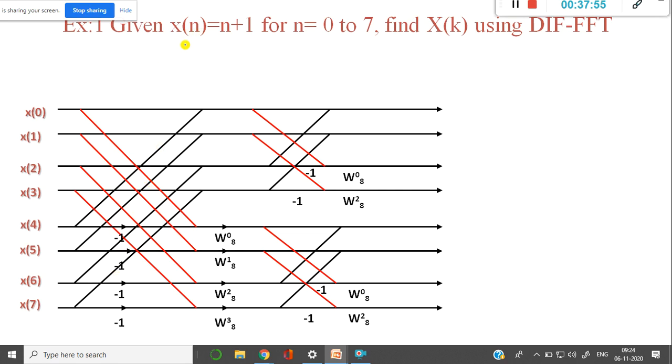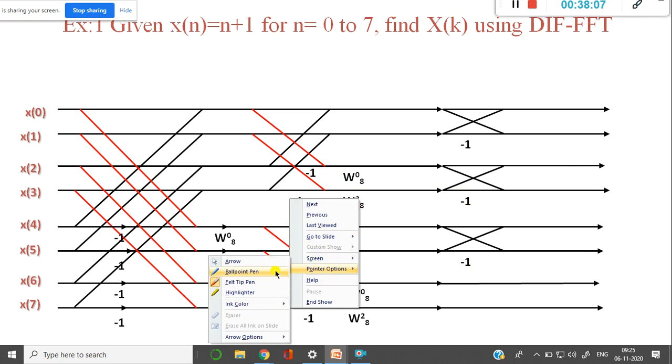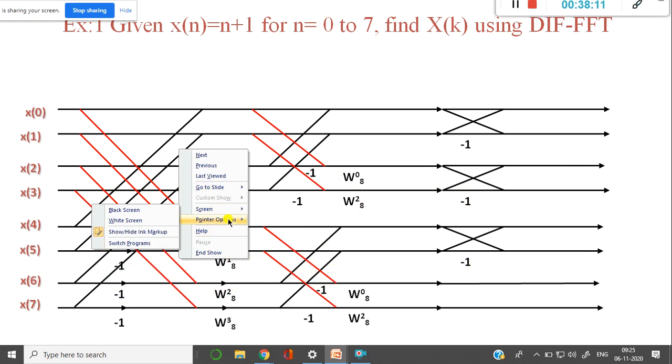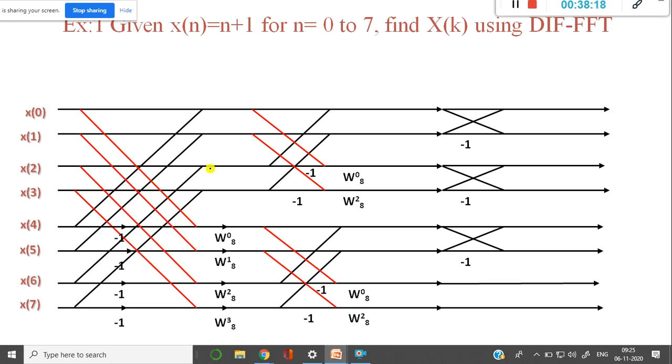Now, the given sequence is x of n equal to n plus 1. Try to write the sequence of x of n here. If I put n equal to 0, the first value is 1 itself.